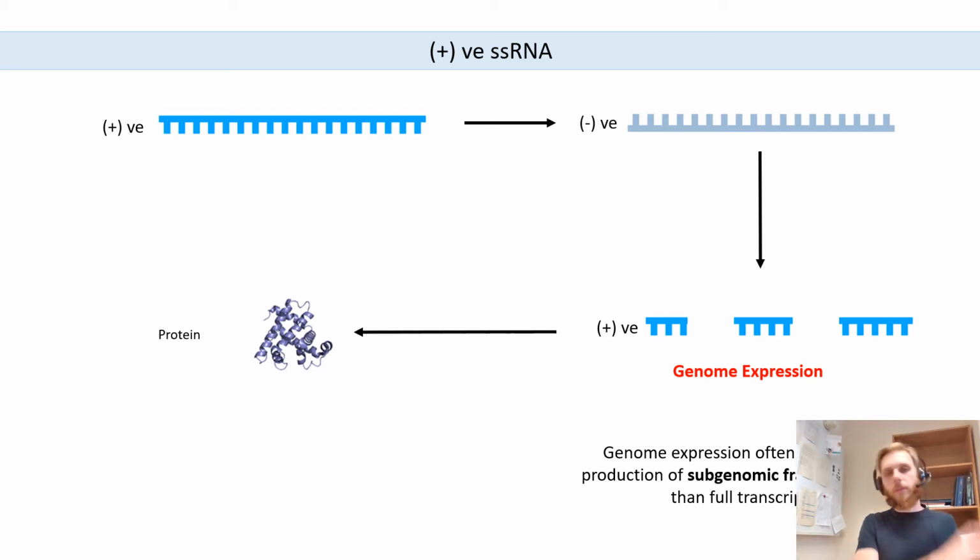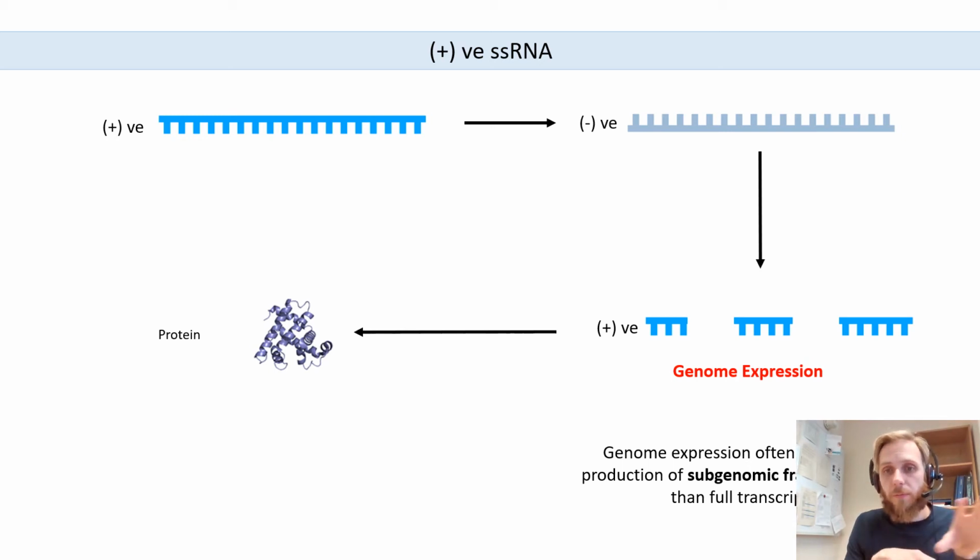I said in the earlier slides that we can't think of these processes as completely distinct because they're not happening in different parts of the cell. They're happening in the same part of the cell. They're happening to the same genome. It's the same genome being expressed and being replicated potentially. So we need to think about how these processes are related to each other.